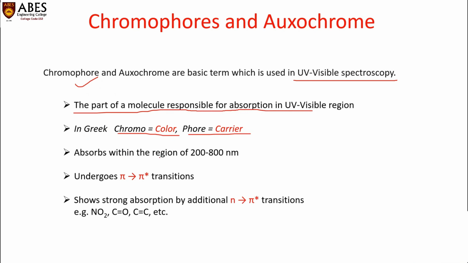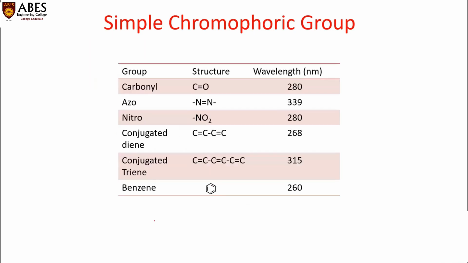They absorb UV radiation in the region of 200 to 800 nanometer and undergo pi to pi star transition, and show some strong absorption by additional non-bonding to pi star transition. For example, nitro, carbonyl, and diene systems are known as chromophores.